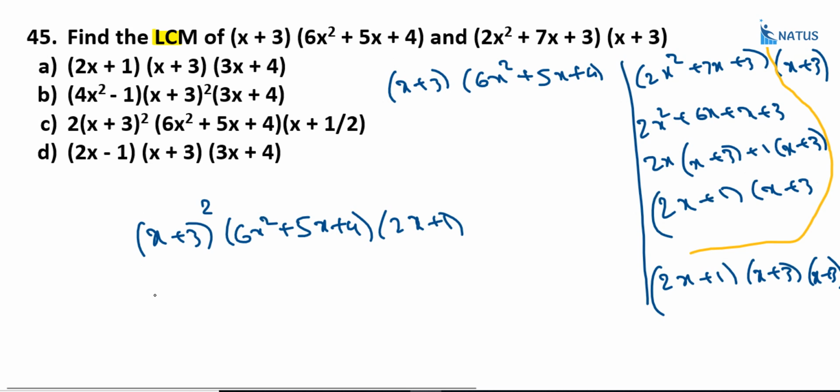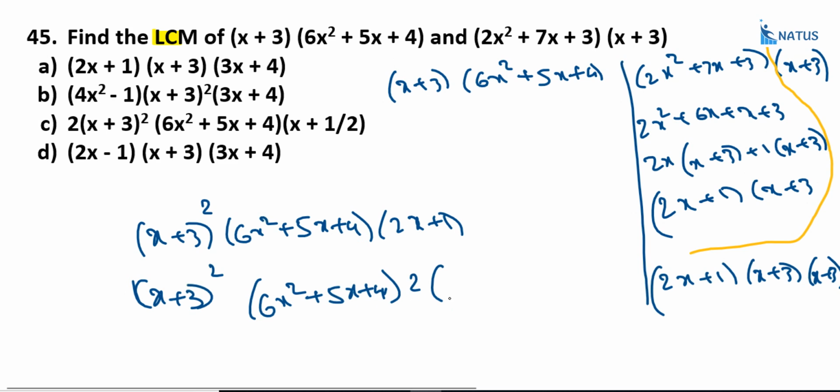So if you observe, this is x plus 3 whole square into 6x square plus 5x plus 4 into, suppose you take 2 as a common, what happened? x plus 1 by 2, or not? This is equal to 2 into x plus 3 whole square, 6x square plus 5x plus 4 into x plus 1 by 2. What is the answer? Option C is the correct answer.